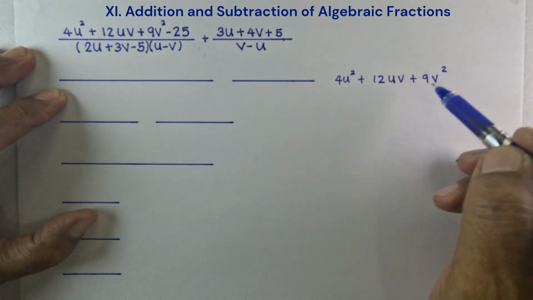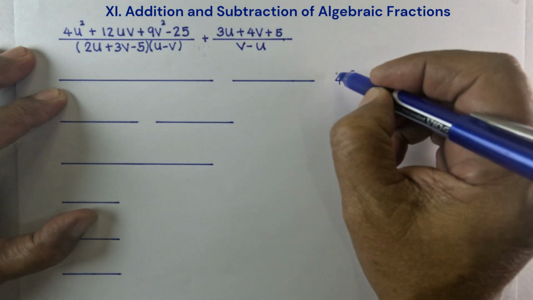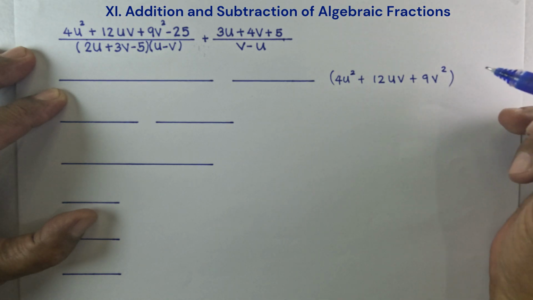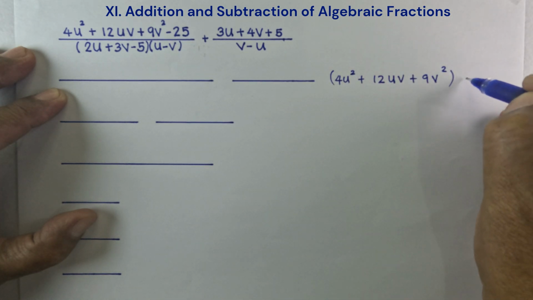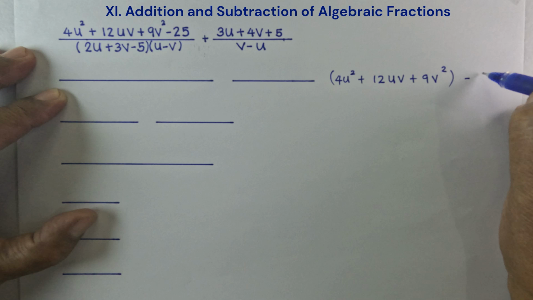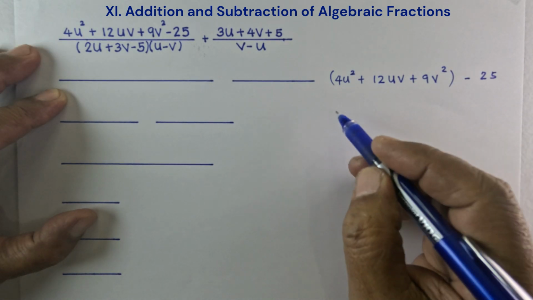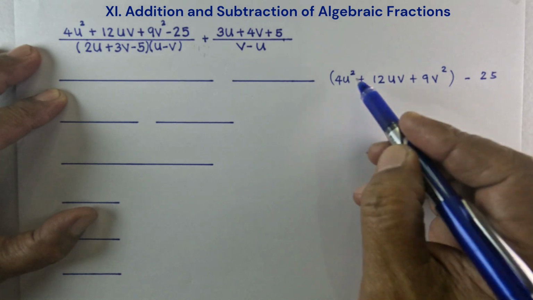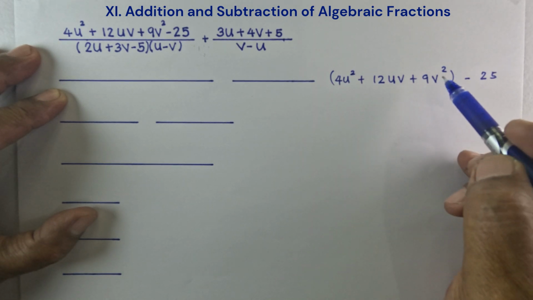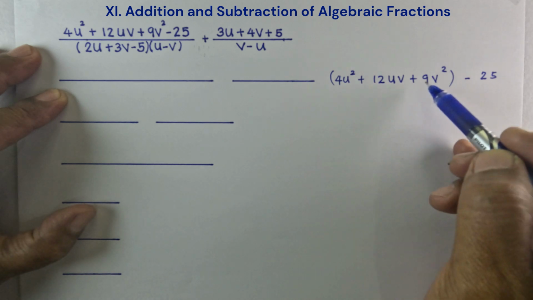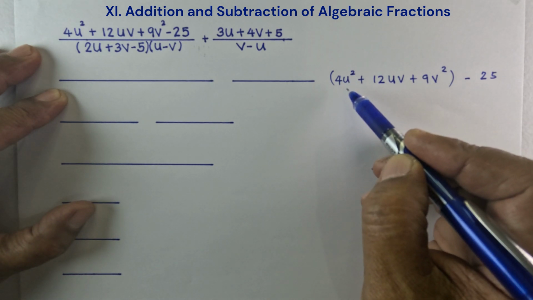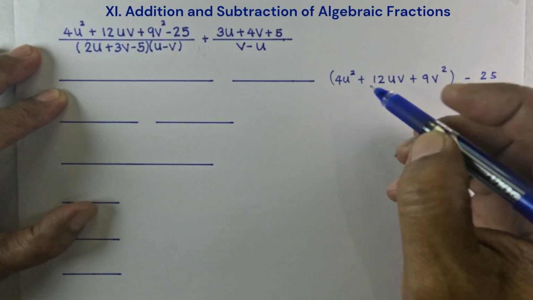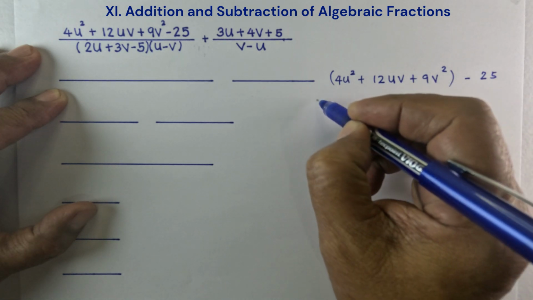Now I'm going to group the first three terms here, then minus 25. Now, let's consider this. This is a quadratic trinomial. Now, at a glance, this is a perfect square trinomial. So let's factor this.